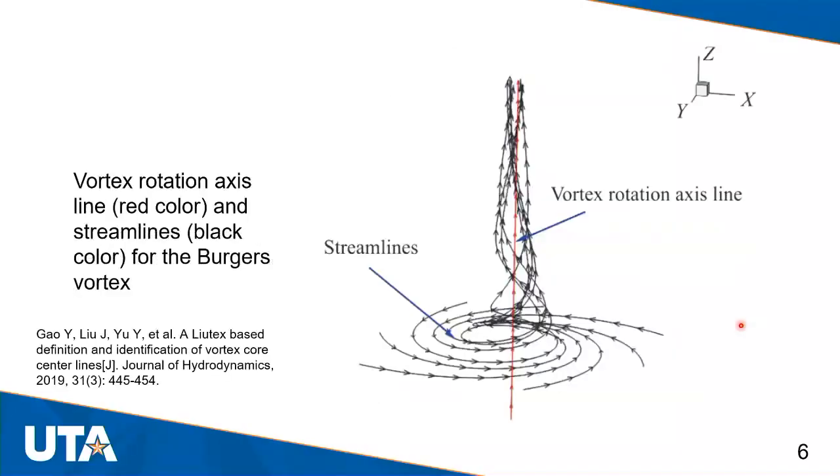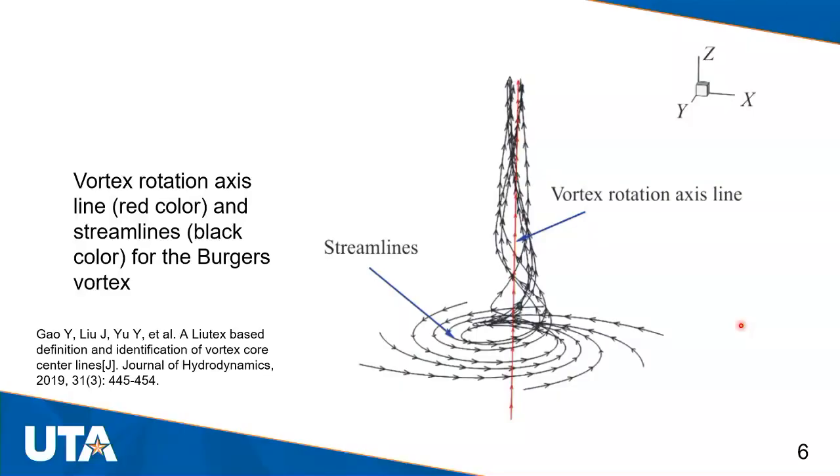Maybe you can understand it more clearly from this example. This is the streamlines of Burgers' vortex, and the red line is the detected vortex core line.